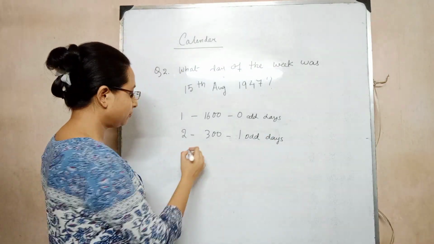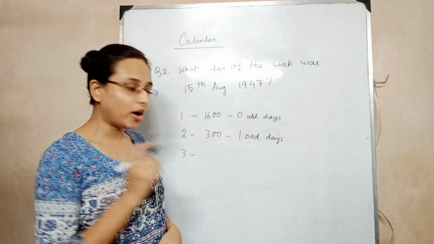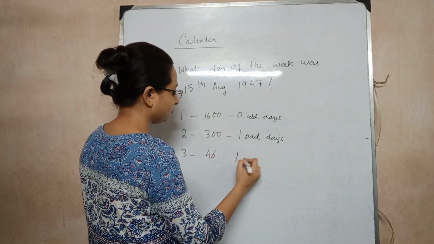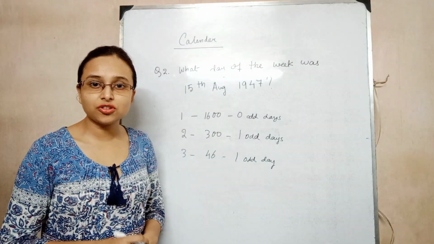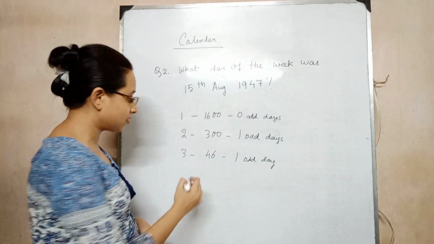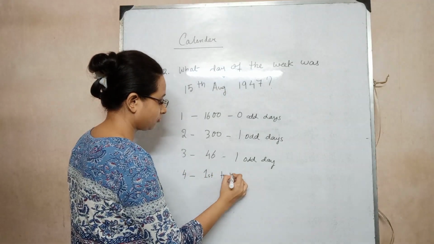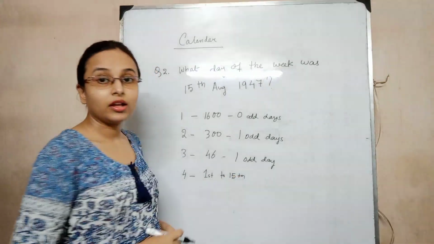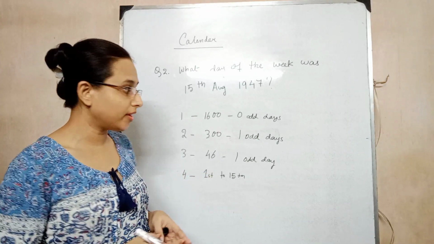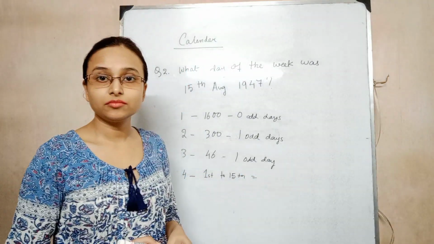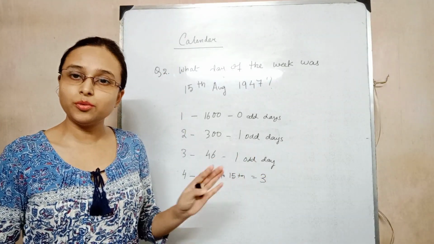Next, in the third section, we had 46 years and 1 odd day. Now coming to the fourth section, that is January 1st to 15th August, this had the number of odd days as we had already calculated as 3, because after the remainder and everything remained, we had 3.